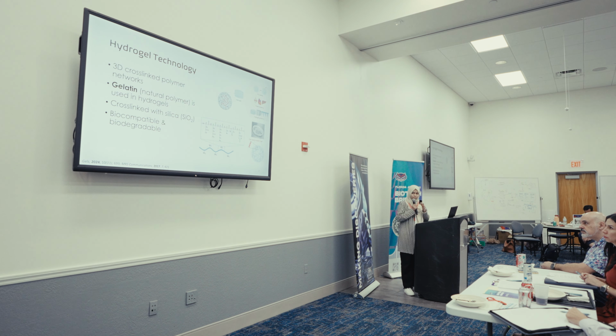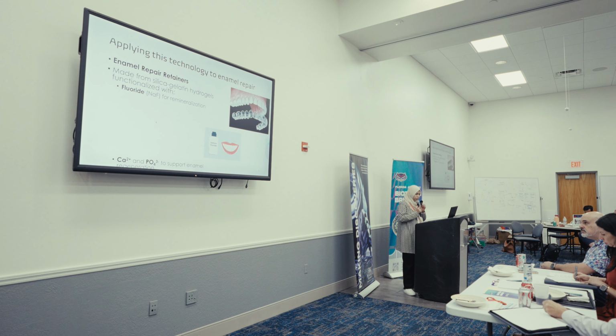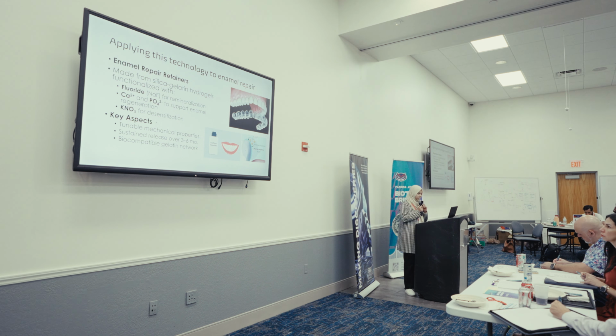So we introduce the enamel repair retainers, which are made from silica gelatin hydrogel. These retainers are functionalized with fluoride for remineralization, and calcium and phosphate to support enamel regeneration. Additionally, it uses potassium nitrate for desensitization, which helps to reduce tooth sensitivity.